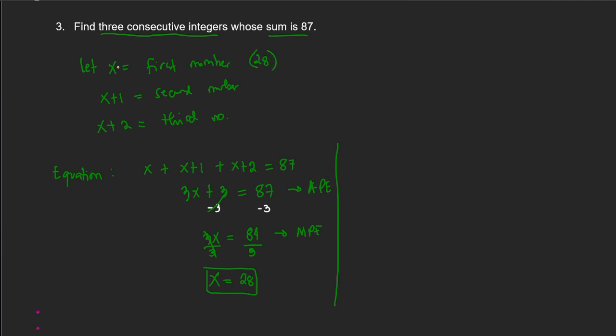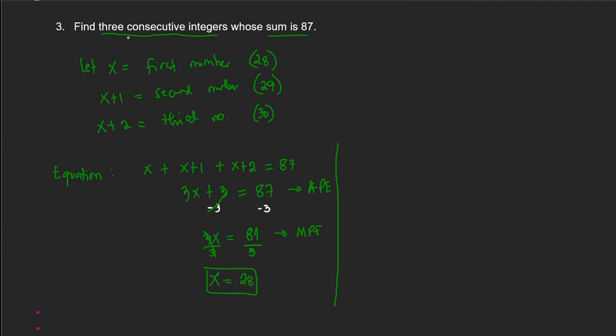Okay? So basically, yung x natin dito na part is equal to 28. Now, if ang x is equal to 28 plus 1, so the second number will be 29. Tama? Then 29, or yung x natin is 28 plus 2. So 28 plus 2, that will be 30.